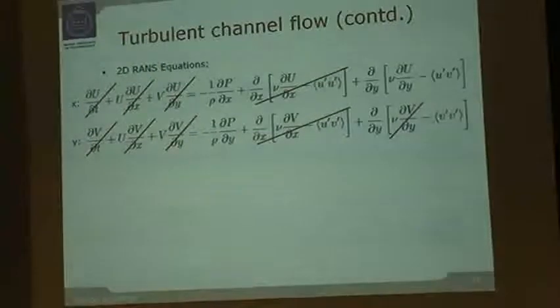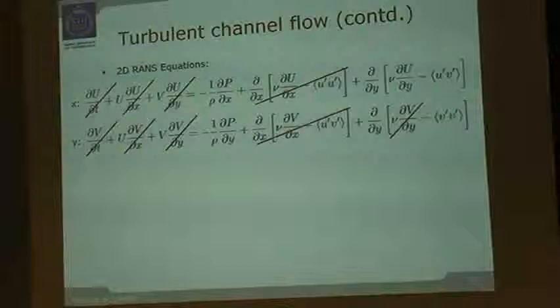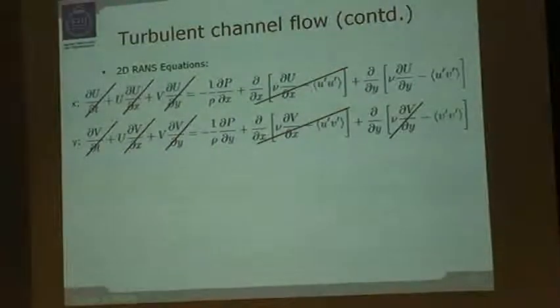We have the streamwise derivative being 0, so these two terms fall out. V is 0. So there is obviously a chance that we can learn something from looking at these equations. The first step is to look at the y equation, so the wall-normal momentum equation.